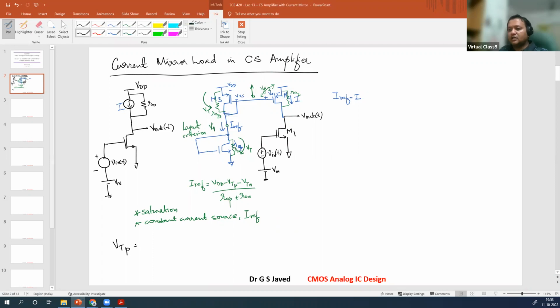So VTP, that is VT of 2 and VT of 3, should be the same, and VTN, of VT1 and VT4. PMOS device and NMOS device will be the same, and depending upon that, we will have to look into what value we will have to set.